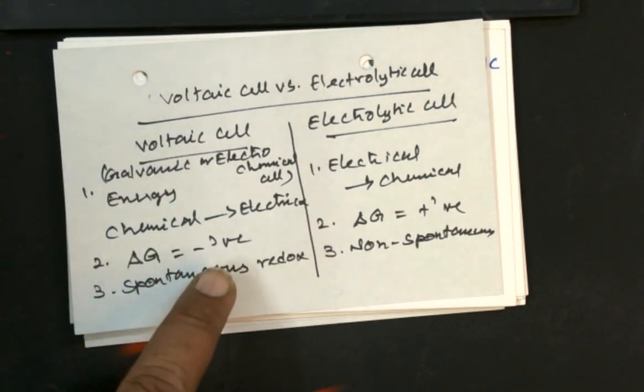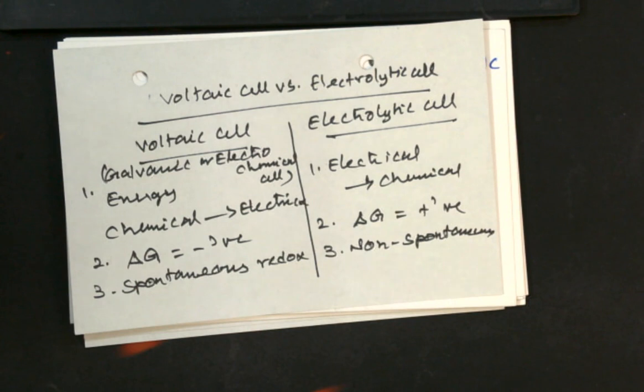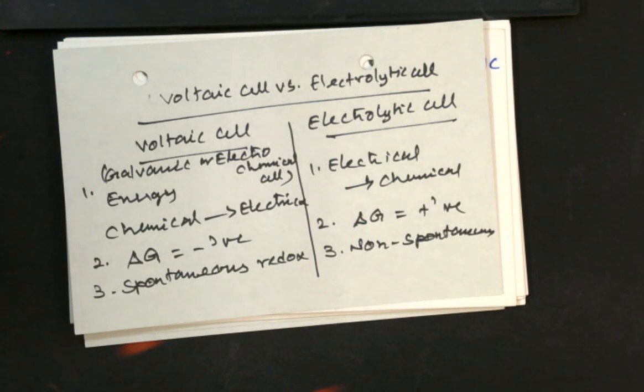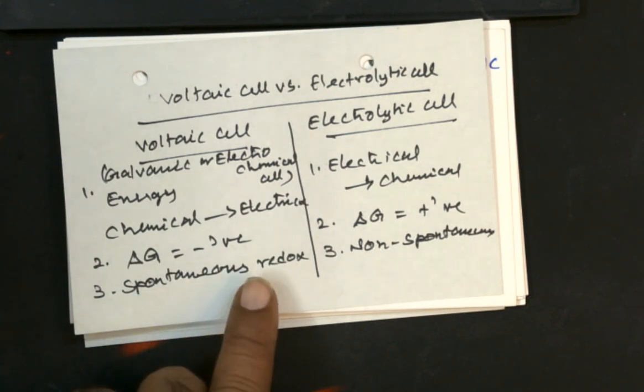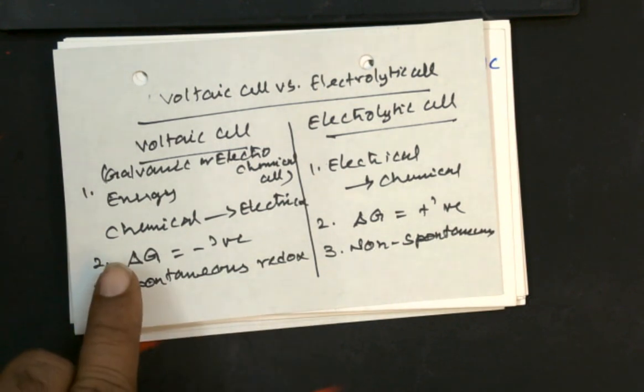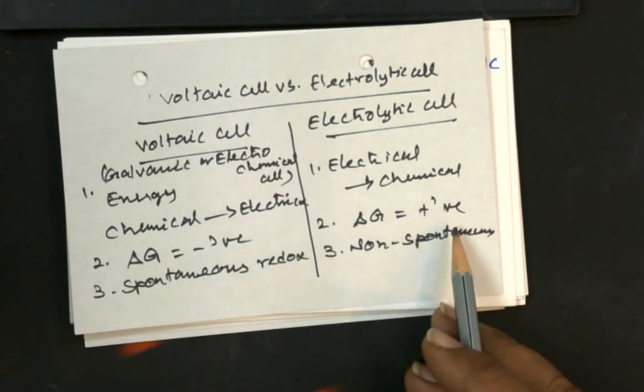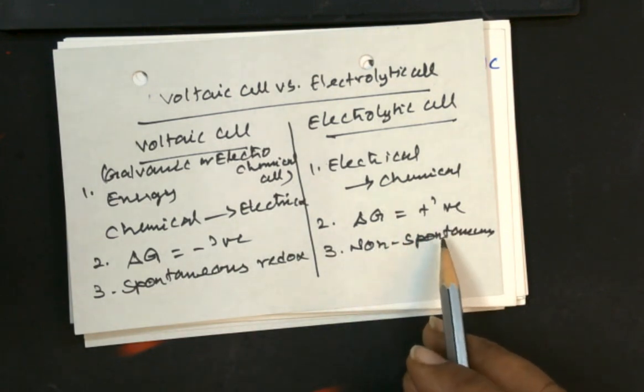So it is a redox reaction, first of all, because we already discussed that in a voltaic cell, chemical energy is converted into electrical energy. And here is the spontaneity of redox reactions, the key point. So delta G is negative, whereas in the electrolytic cell delta G is positive.